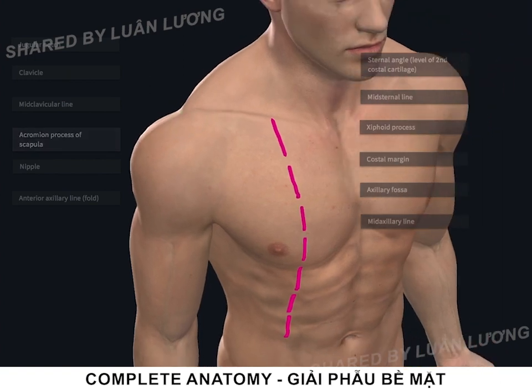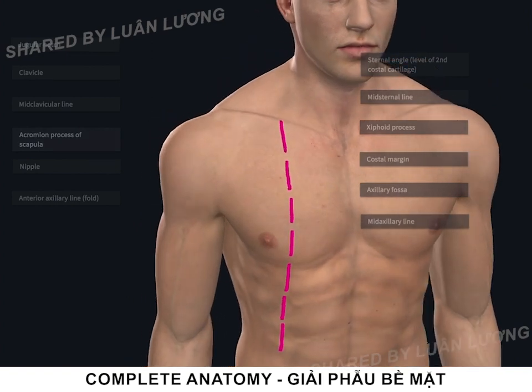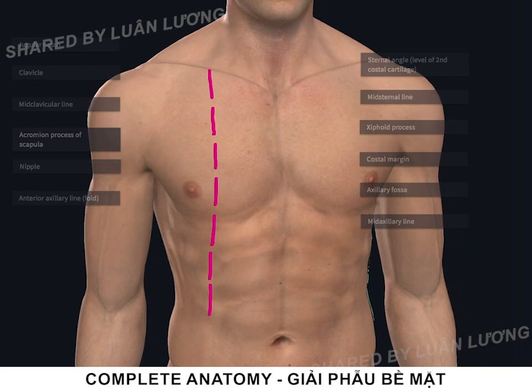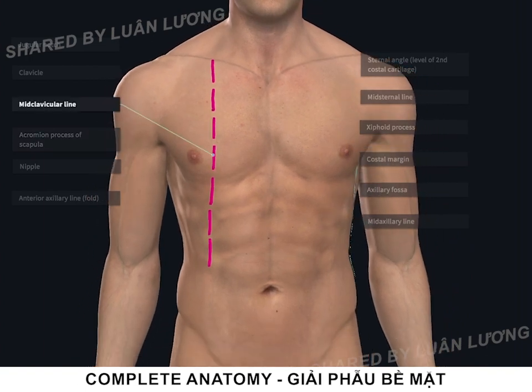So the clavicle can be a useful landmark for structures within the upper limb as well as within the thorax. If we were to look at a midclavicular line, this is also going to help with orientation down inferiorly in the abdominal cavity.